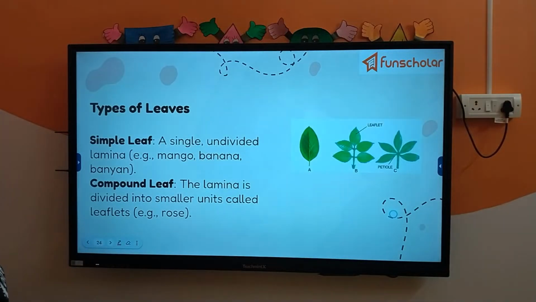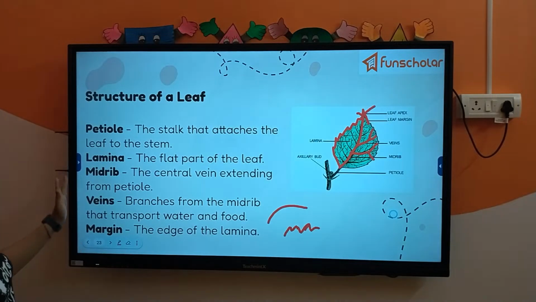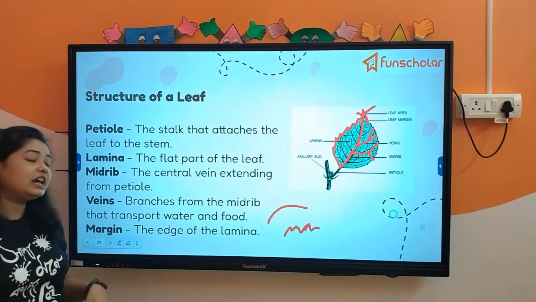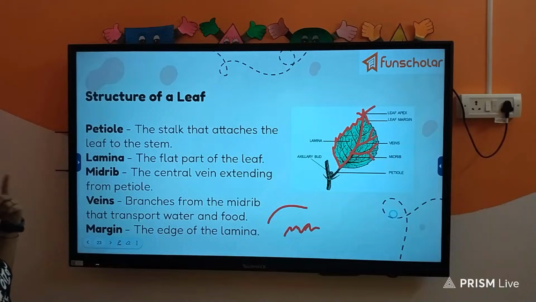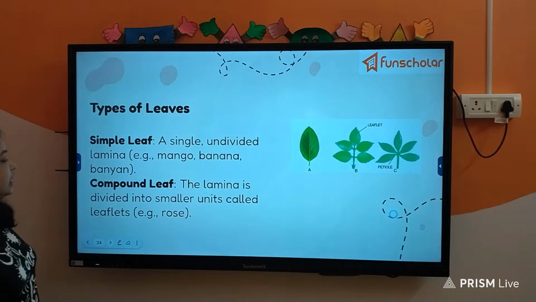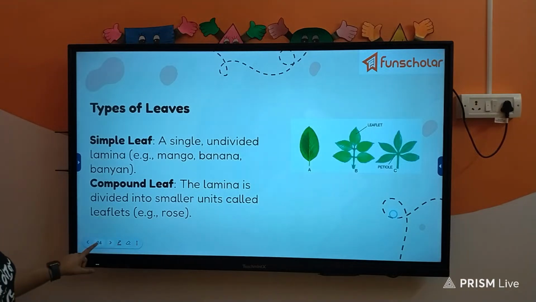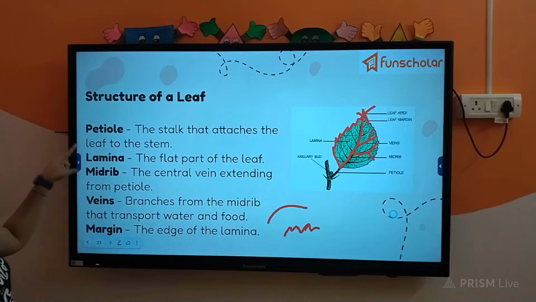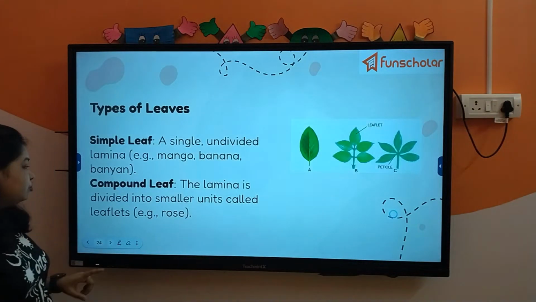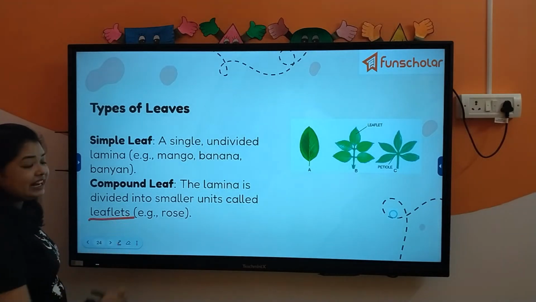Now, there are different types of leaves, mainly the simple leaf and a compound leaf. Simple leaf means all these parts that you have seen here will be owned by a single leaf. That means a leaf will have its own petiole, lamina, midrib, veins, margin, everything. But what will happen in case of compound leaves? One or more of these structures will be shared by a group of leaves, which will be known as leaflets.